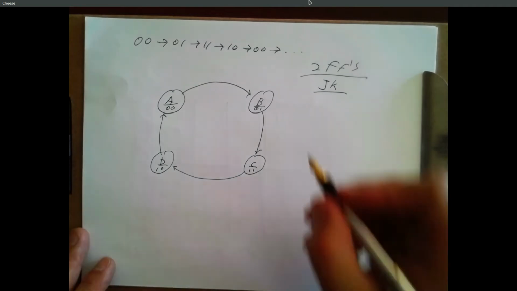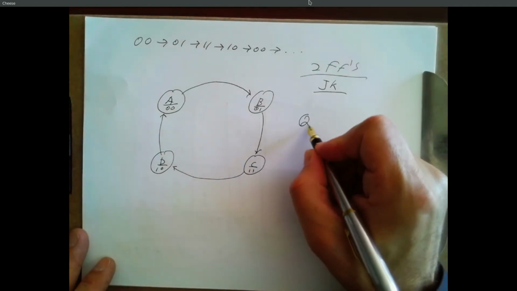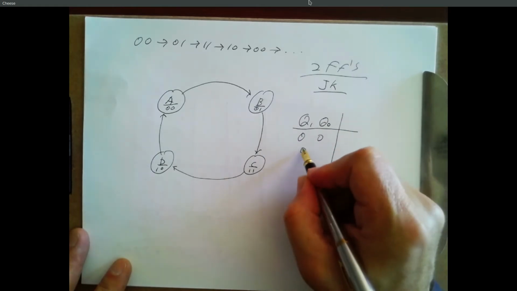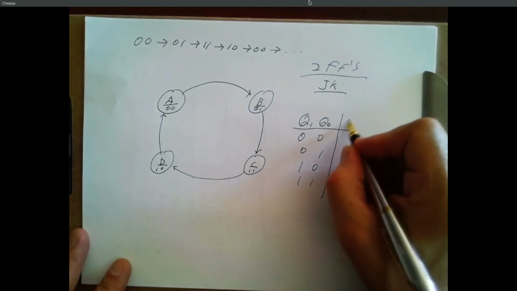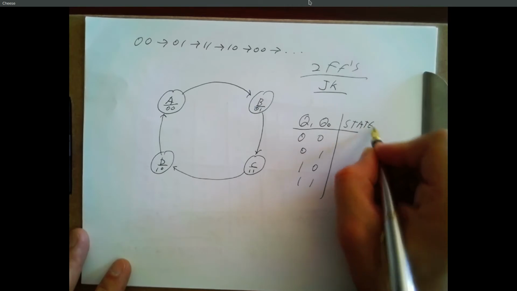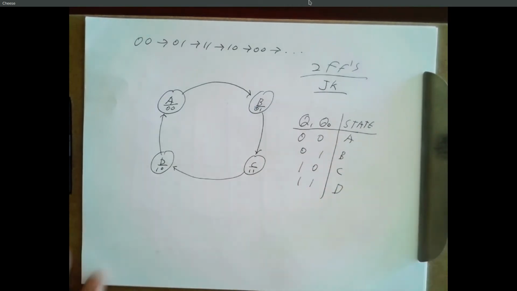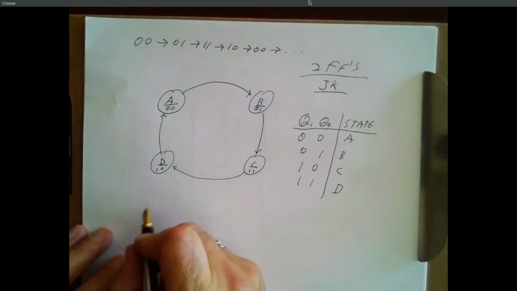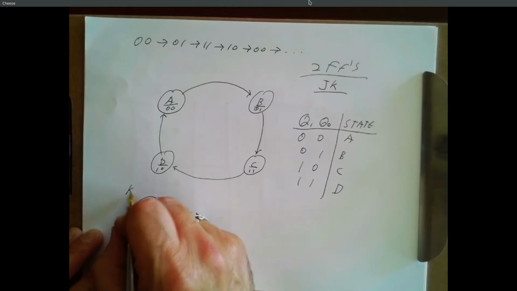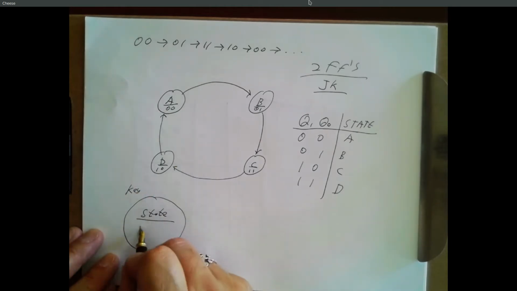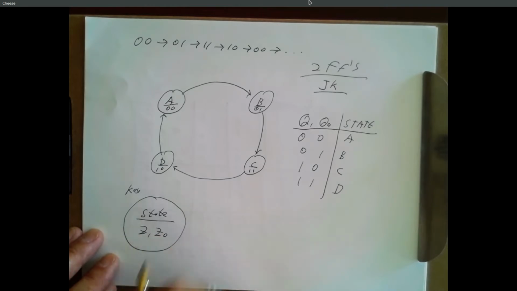Alright, so let's make a state assignment table. And I'm just going to go sequentially. States A, B, C, and D. And so our key for our diagram is state. And then let's say 2 outputs, Z1, Z0.